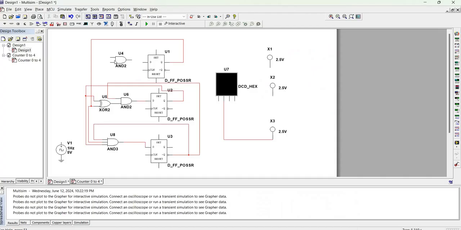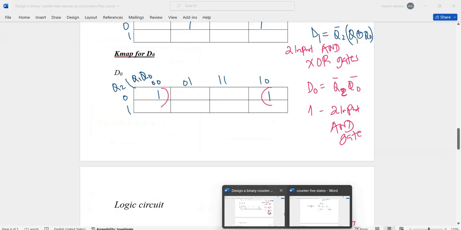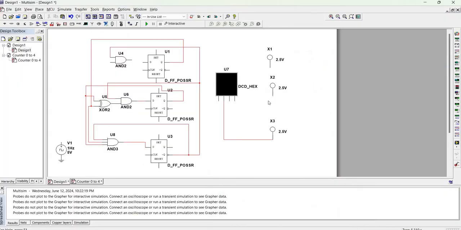So we have the AND gate that is receiving 1, 2, 2 inverse, and then we have discovered that it is also receiving true not inverse. And then this output is going to D not.